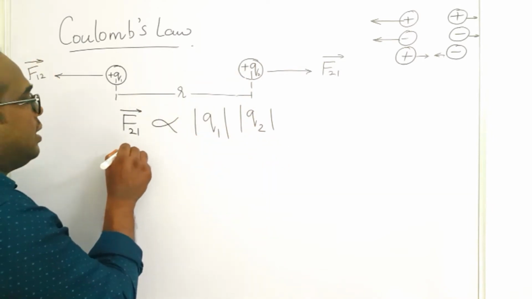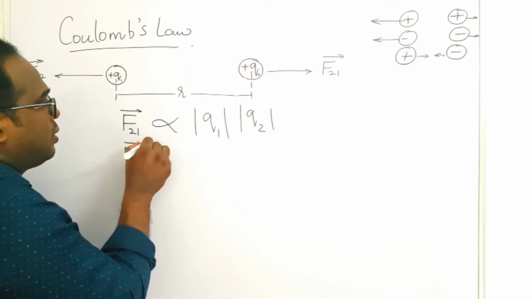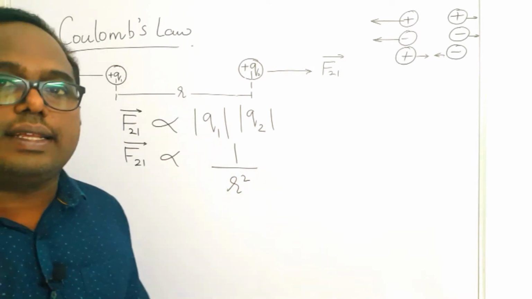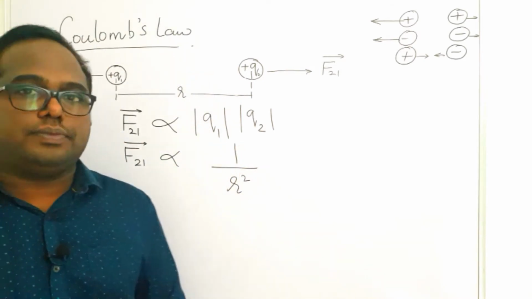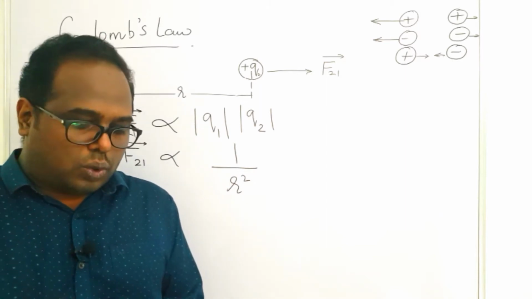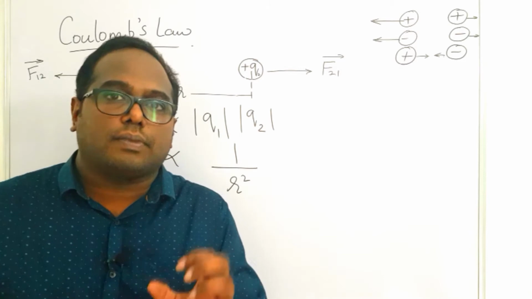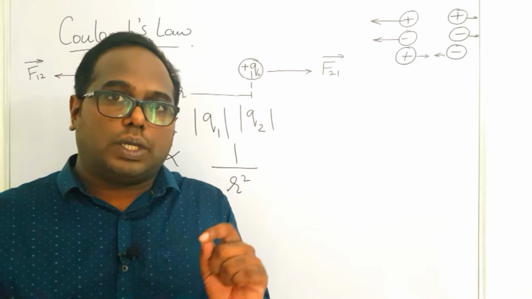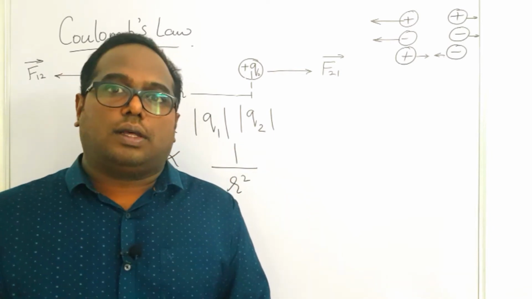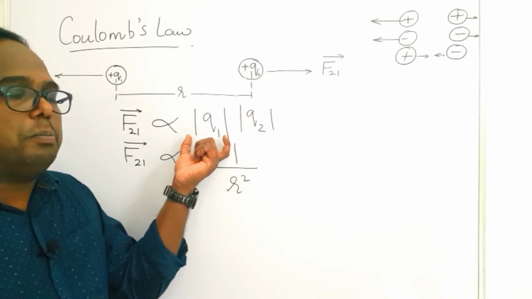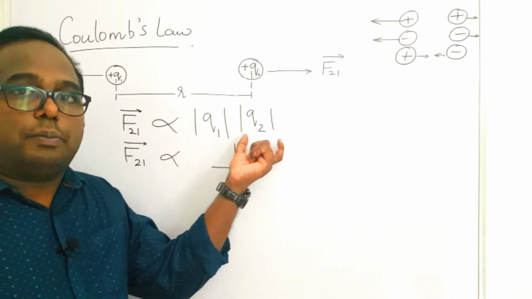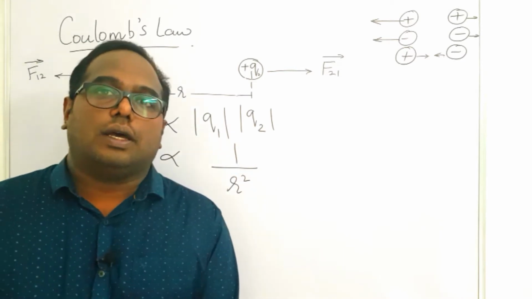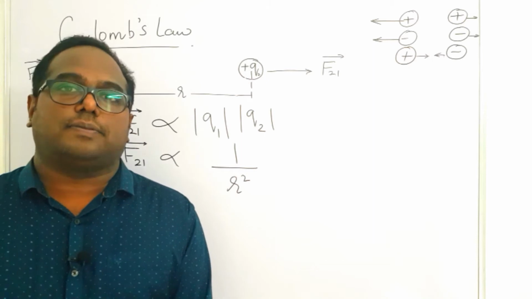It is also inversely proportional to the square of the distance between their centers. This is the law. Clear? One more time: Coulomb states that the force of attraction or repulsion between two point charges is directly proportional to the product of the magnitude of the charges and inversely proportional to the square of the distance between their centers.